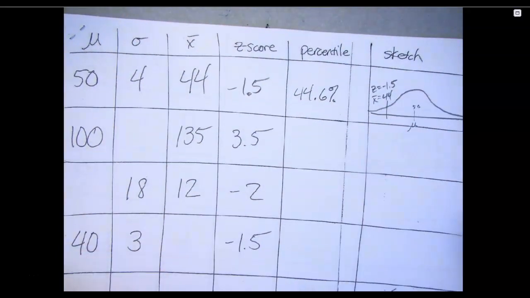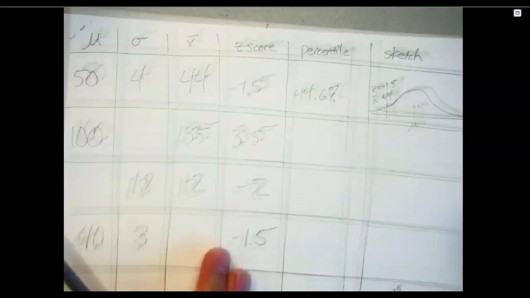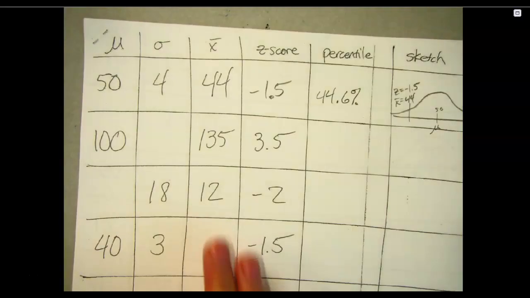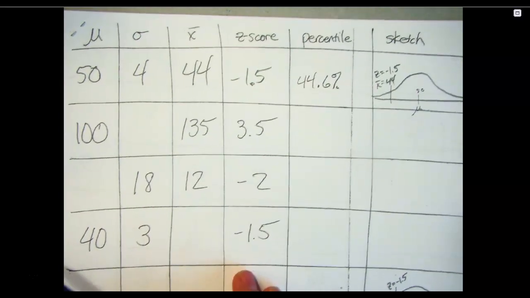If you want to start, I don't know what the front and back is. I couldn't even tell on my own. It's stapled really weird. This is the page I'm going to put the answers up. So if you want to start on this, it's got the 50, the 4, and the 44. You might have thought the front was something. I think this is the front, but you might not.